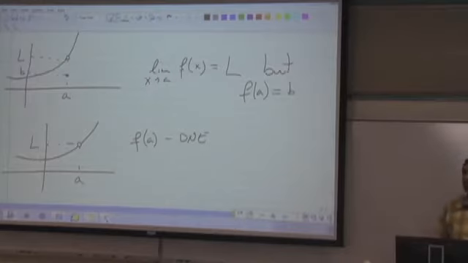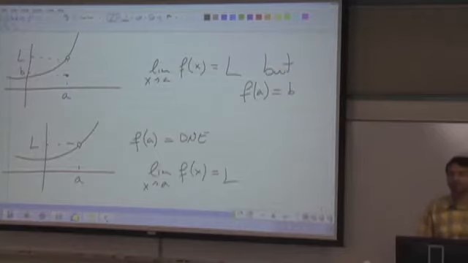DNE, does not exist. Do you want me to write it out? Because this would be the first and last time you ever see me write it out. Okay, so f of a does not exist. So now the question is, what is the limit as x goes to a of f of x? The answer is L.